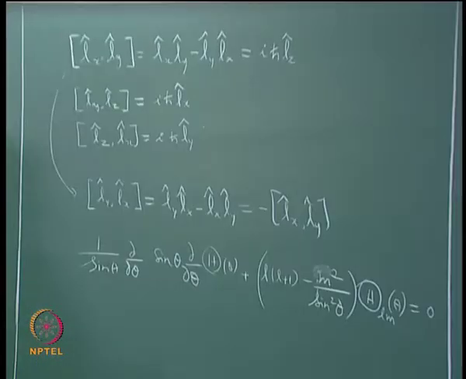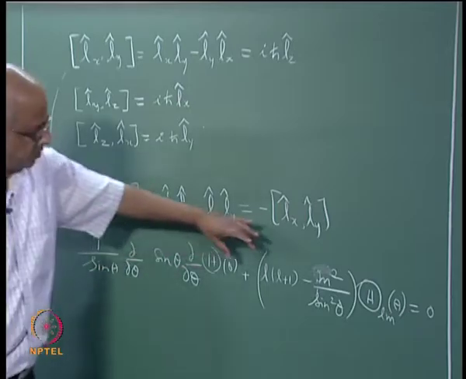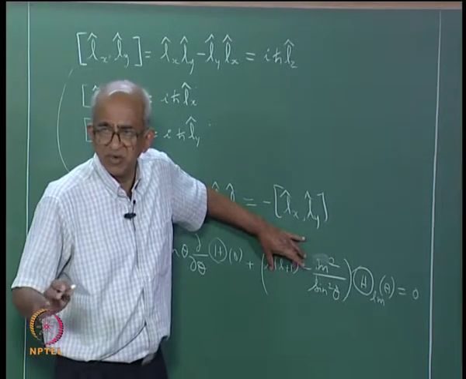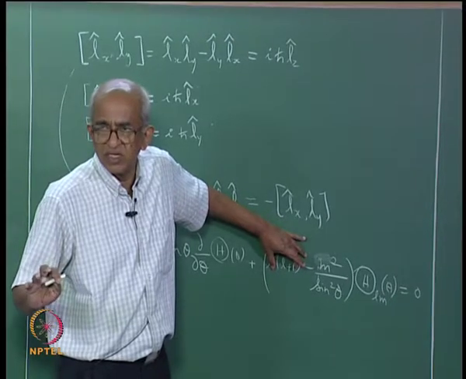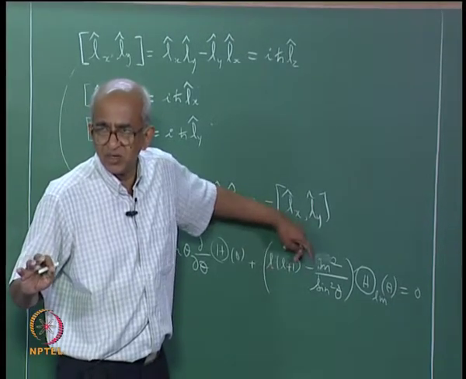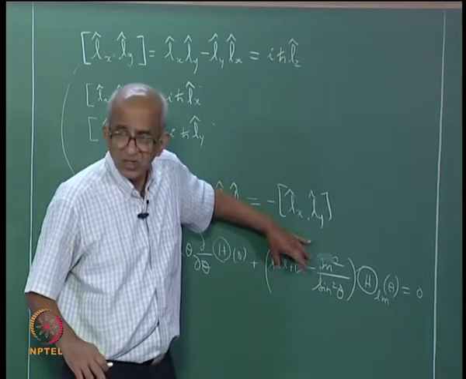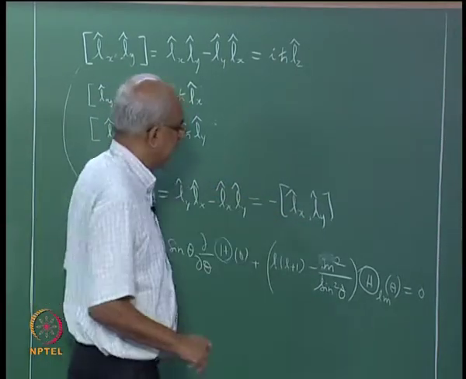If you remember, this is the equation that we solved. Of course, you may say that okay, this was not exactly the way, but there was a beta sitting here, but we found that acceptable solutions will occur only if this beta is equal to L into L plus 1, that is what we find, and therefore, I have put instead of beta L into L plus 1.